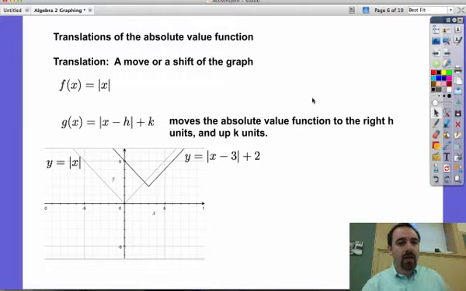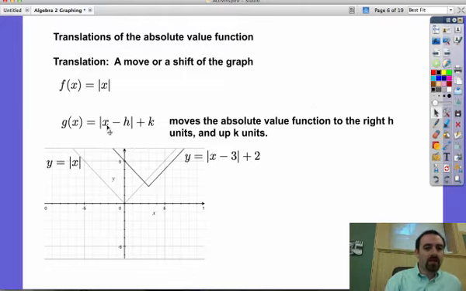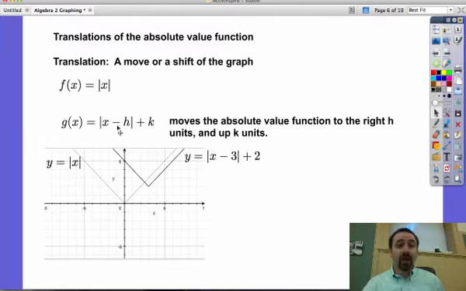So what we're saying here is that when I have x minus h, that's going to move h units to the right. So if I want to move to the left, this would have to be x plus a number. So plus moves to the left, and minus moves to the right. When I add the number outside the absolute value, it moves in the direction you expect. So plus 2 will move up, minus 2 would move down.